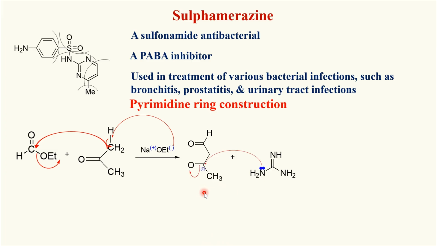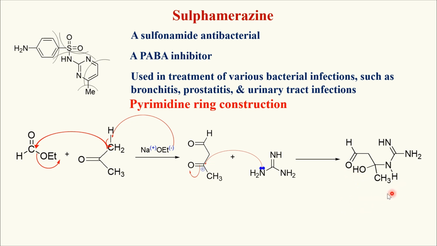O minus combines with H plus to give OH, and I'll get the molecule in which a bond is formed between the nitrogen and carbon, and the carbonyl oxygen has converted into an alcoholic group.